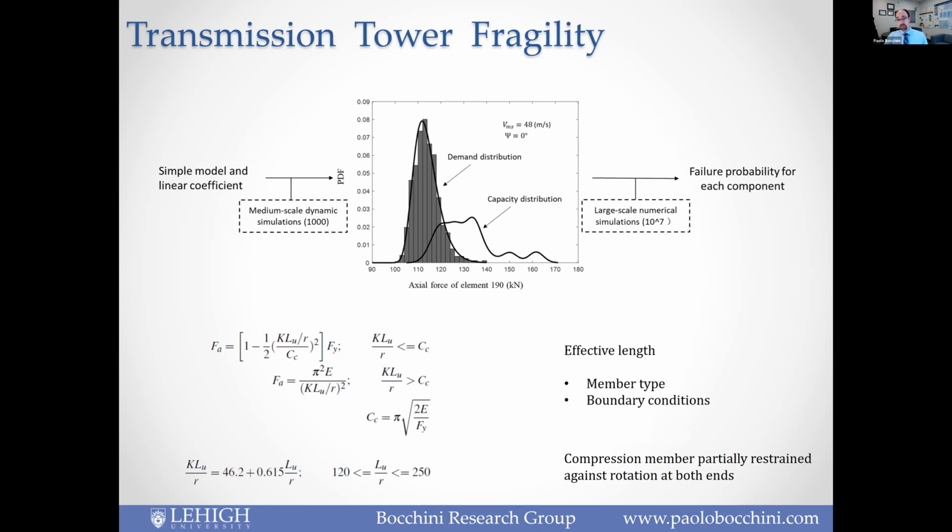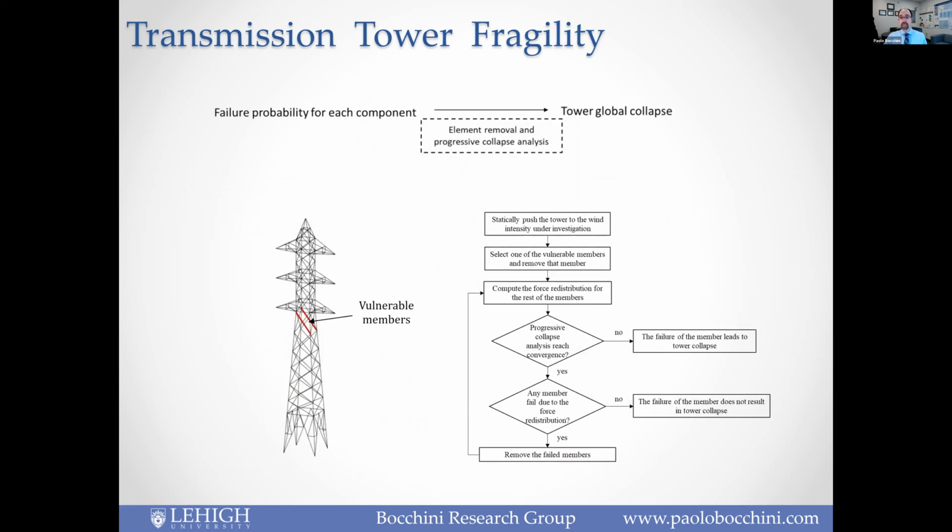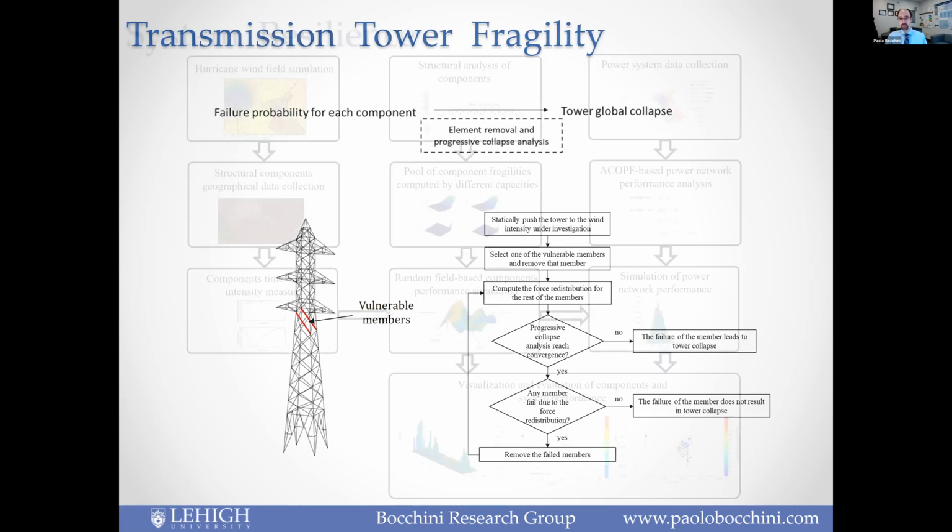After this, we compare the demand with the experimental distributions for the capacity, and we start doing now an element removal and progressive collapse analysis that allows us to study the failure at the local level for these towers, which is the way they go down when they do.